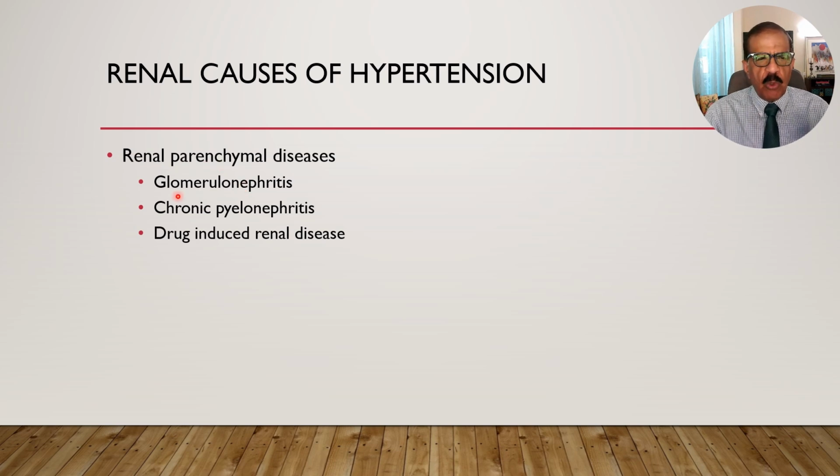Now you may be talking about any types of glomerulonephritis. There are so many types. And you may be also talking about chronic pyelonephritis or sometimes drug-induced renal disease. So any type of glomerulonephritis and any type of chronic pyelonephritis can cause kidney disease and that can cause hypertension.